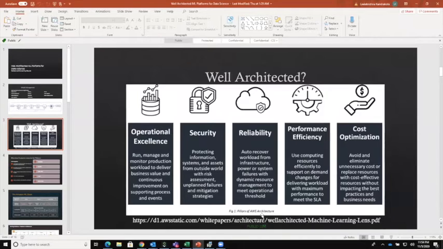If it fails, it should be able to automatically come back. It should be parallelizable. It should be deployable in a setting where the workload is very, very bursty. And that takes us into performance and efficiency.